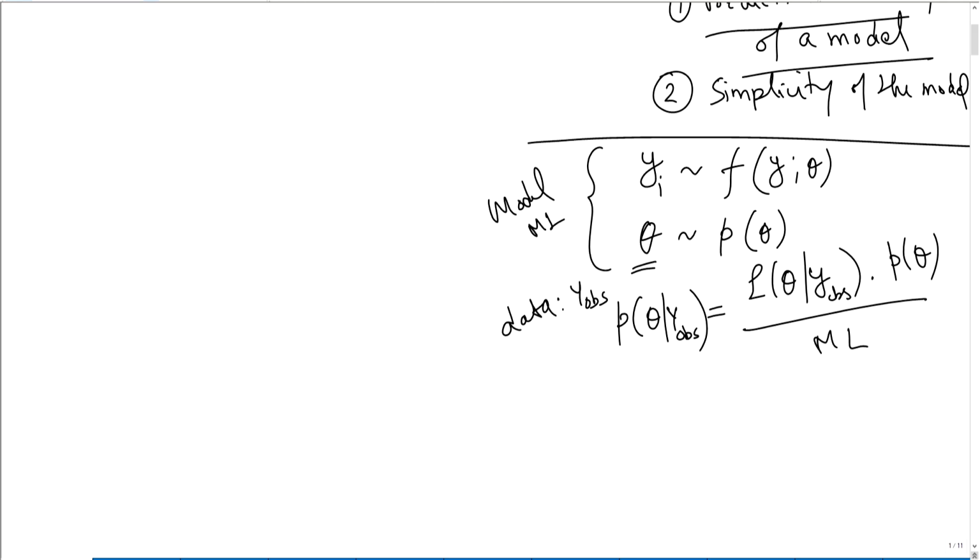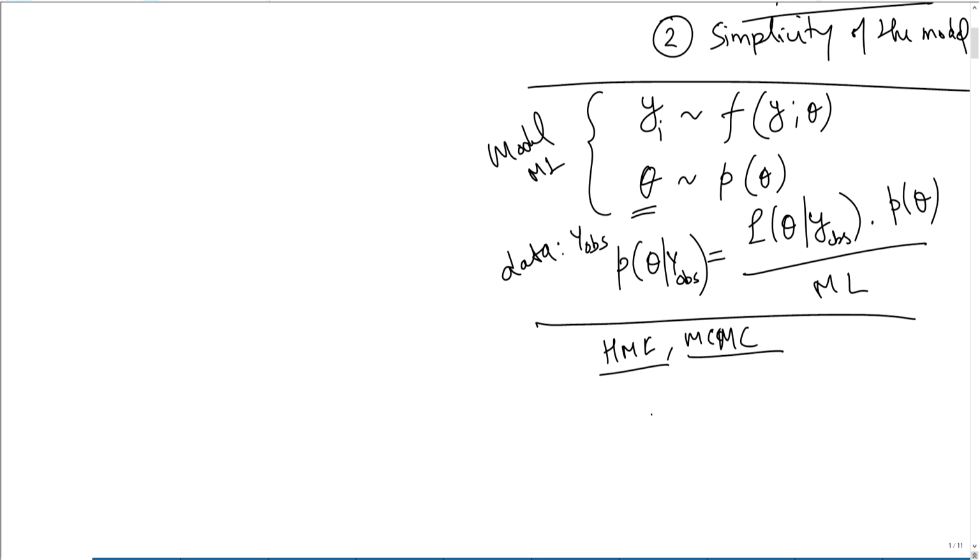So, let us say by applying some algorithm, Hamiltonian Monte Carlo or MCMC, we obtain the posterior distribution of theta. Now, this is an estimated distribution, and it is not the true distribution, it is approximated using an algorithm. So, it is better to write it this way.